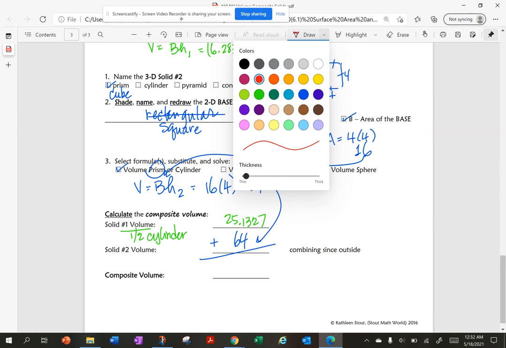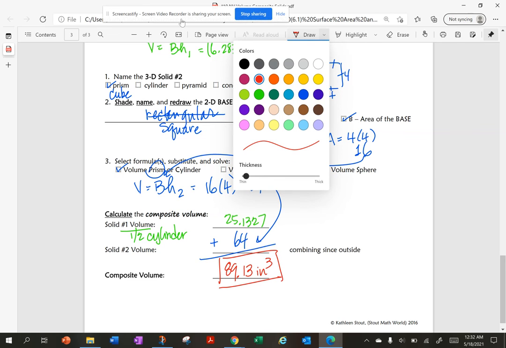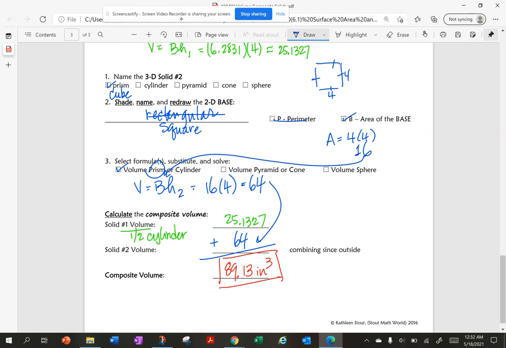So my composite volume is 89.13 inches cubed. Okay, that's it.